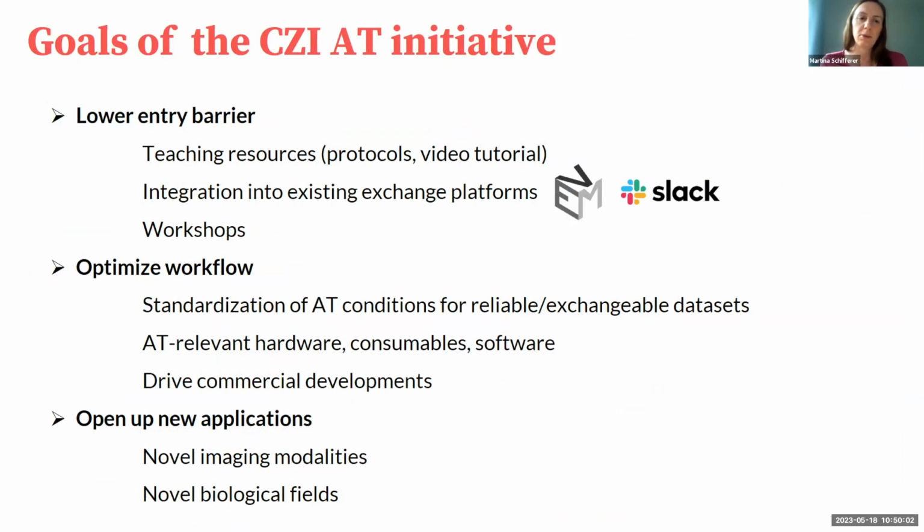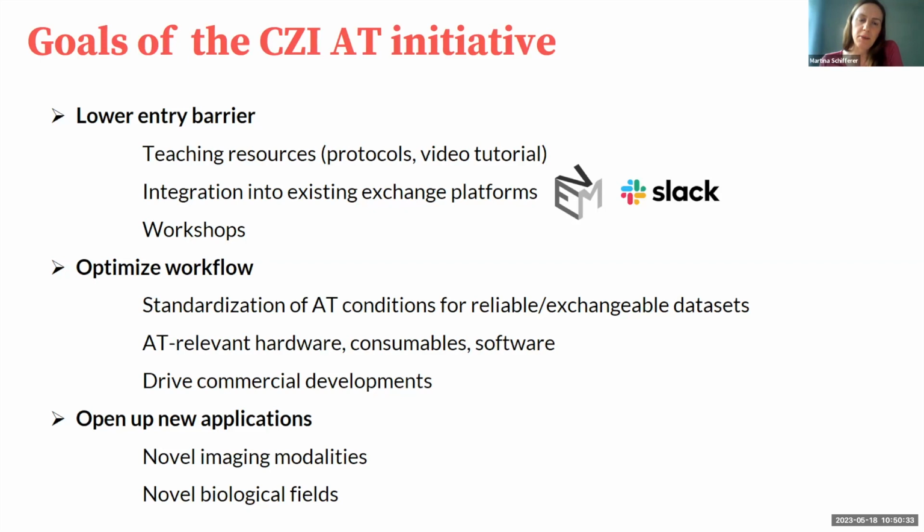For this, we want to provide teaching resources on a website, and we also integrate into existing exchange platforms or community platforms. As Jemima already mentioned, there is now also an AT initiative in volume EM, a focused interest group, and also a Slack channel on array tomography. And then we will have workshops, basically an annual 5-day workshop.